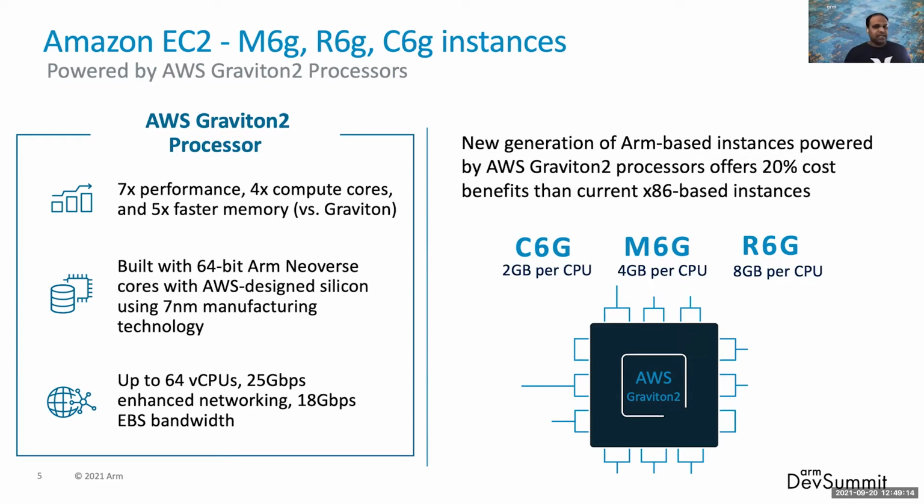These processors power the M6G, the general purpose instances, C6G, the compute instances, and R6G, the memory based instances that provide up to 20% price performance cost benefits, and up to 40% price performance over comparable current generation x86 based instances, for a variety of workloads, including application servers, microservices, etc. Open source databases and some in-memory cache databases as well.